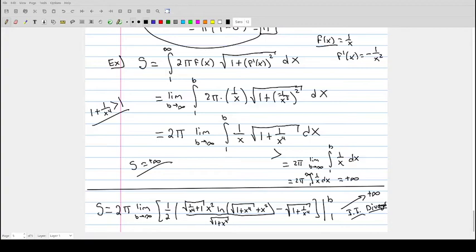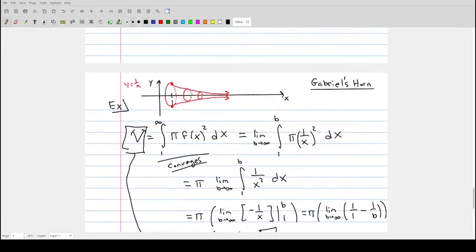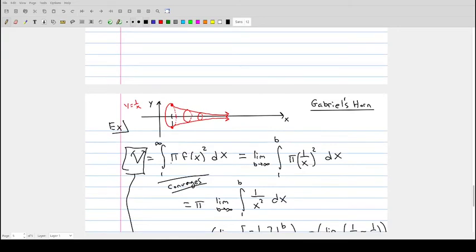And this makes a lot of sense, because you can think of the surface area in some sense as the total length along this curve, added up at every cross-section. The length of this curve is infinite as you go out to positive infinity along the x-axis.